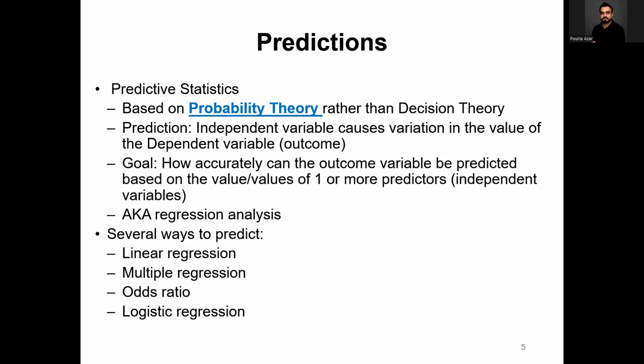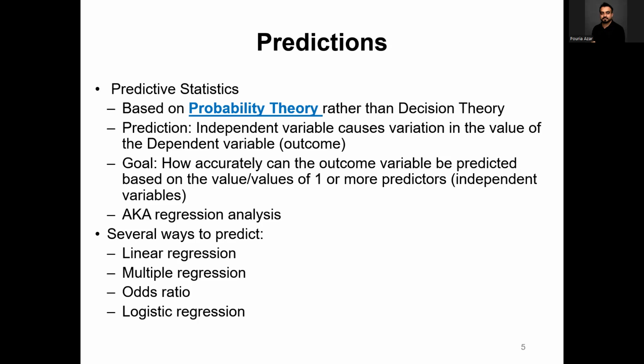Independent variables are also called predictors. So in regression, we can have one independent variable or one predictor and one dependent variable or outcome variable. We are trying to predict the outcome variable or dependent variable from independent variables or predictor variables.